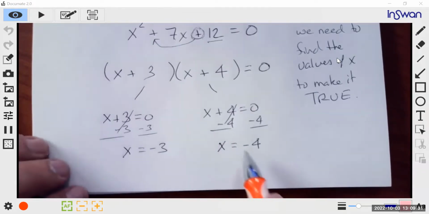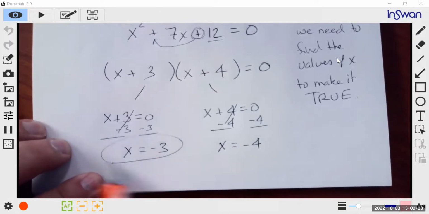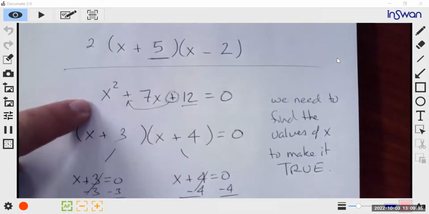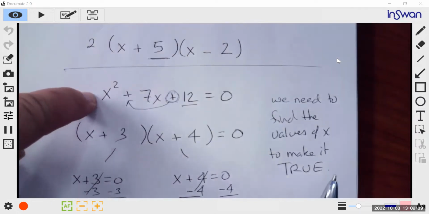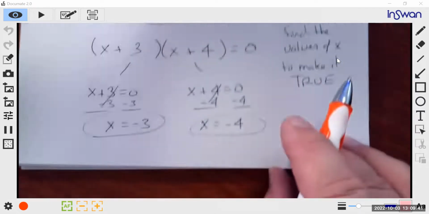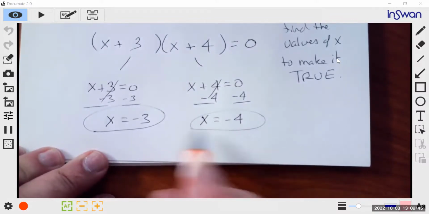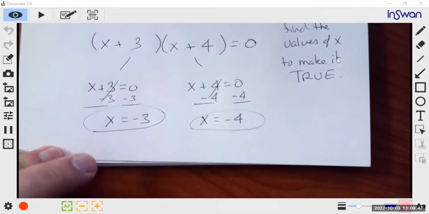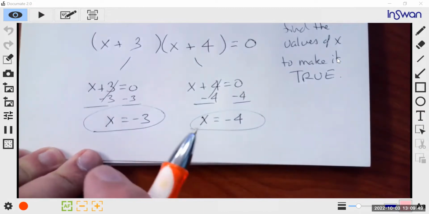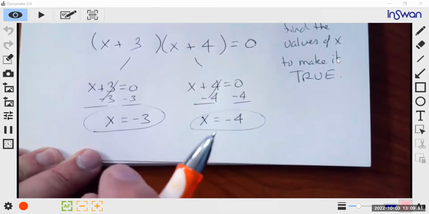To be safe, it's always best to check your answers, plug these back in the original equation. And if it works, it's great. If not, then that one doesn't work. But what do these represent? There are solutions, yes. But what's another name for solutions?